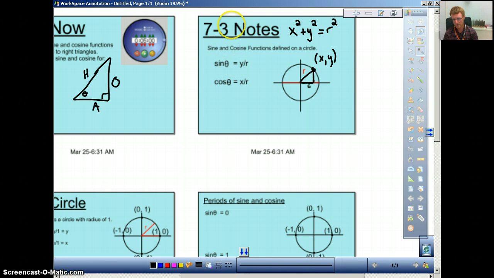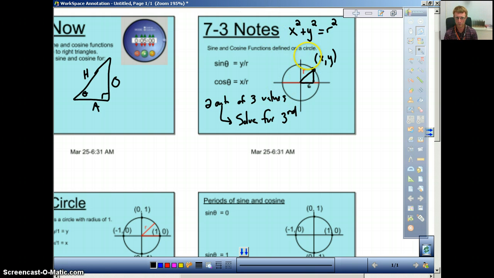If we are given 2 out of the 3 values in this triangle, we can solve for the third. You're going to see that's what we're going to do in a lot of this section.